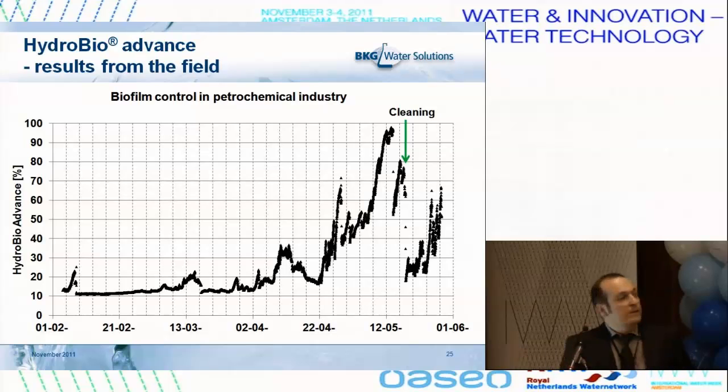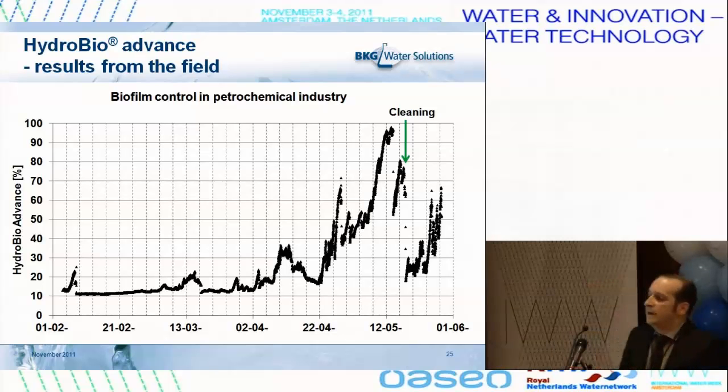Additionally, we had here a leakage, again, of a petrochemical product that led nearly to the blockage of our sensor. So there, the system had to be completely mechanically cleaned and treated with biocides, and we could reduce the biofilm in the system again. So we could prove that with this system the biofilm formation can be monitored.